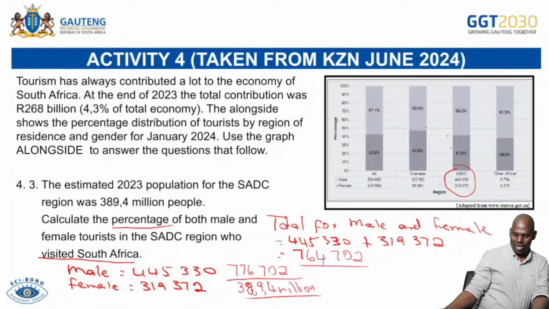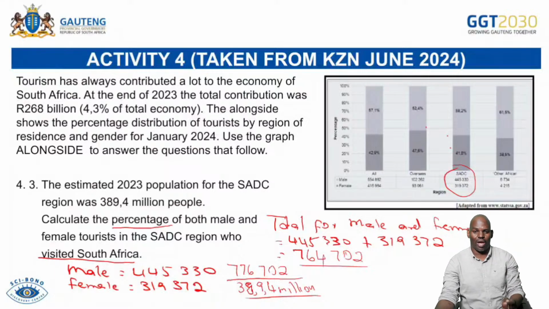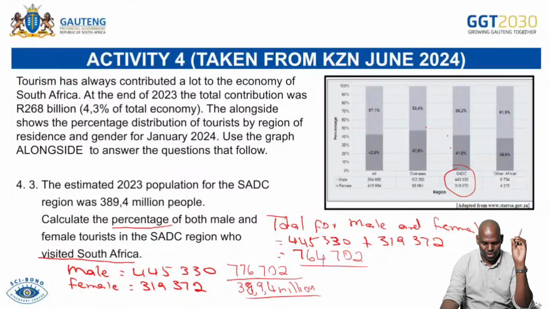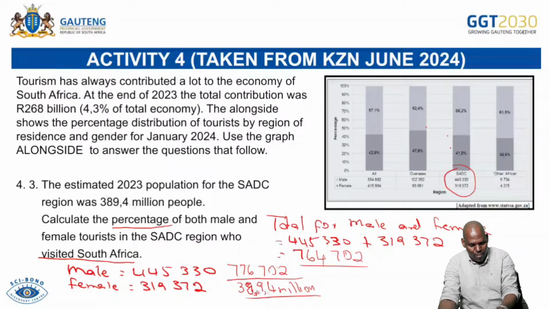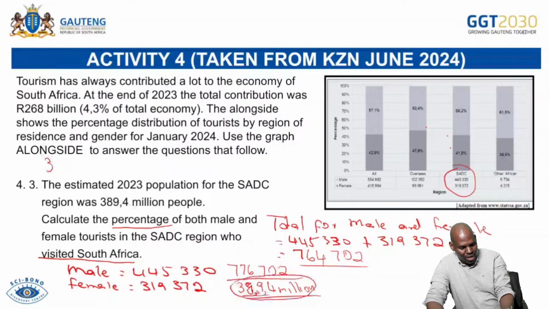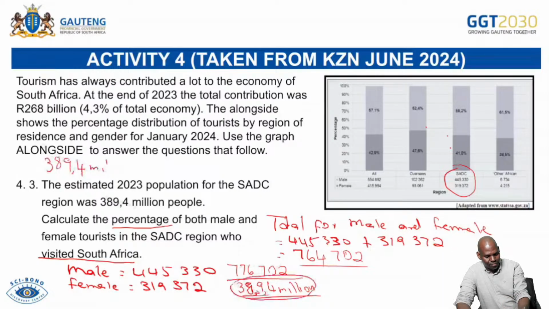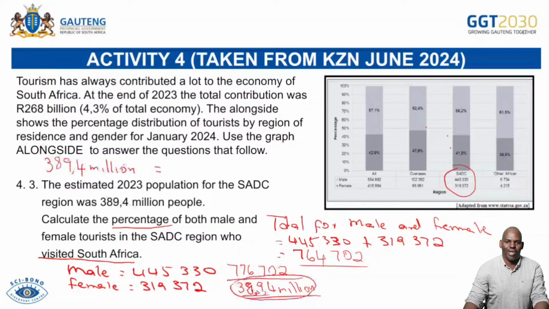Okay, now we need to divide. Now here they are trying to catch you out. We've got 764,702 and 389.4 million. But before we can divide, we need to write this as an ordinary number. If I've got 389.4 million and I want to write it as an ordinary number without the word million, what am I going to do?